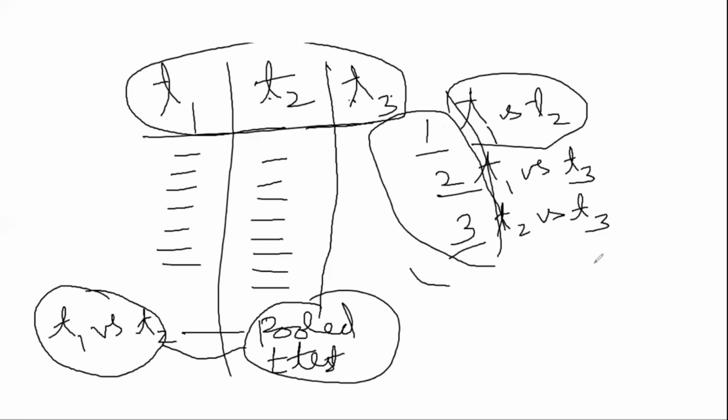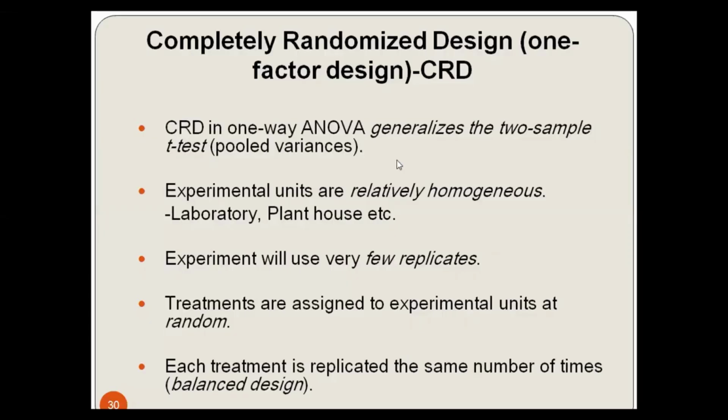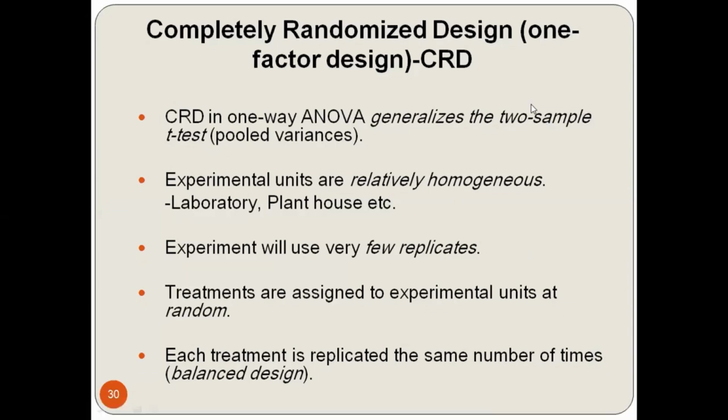So that is what I said. If you have more than 2 treatments, right? So here what we say is, if it is a 2 sample case, we'll simply go for t-test.